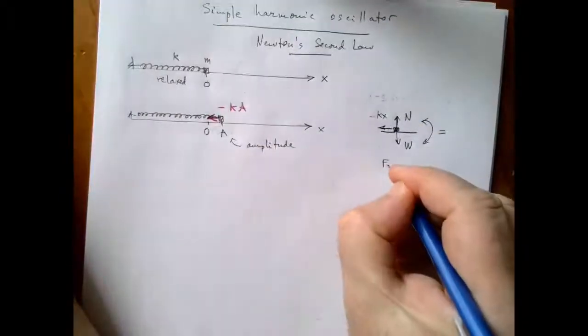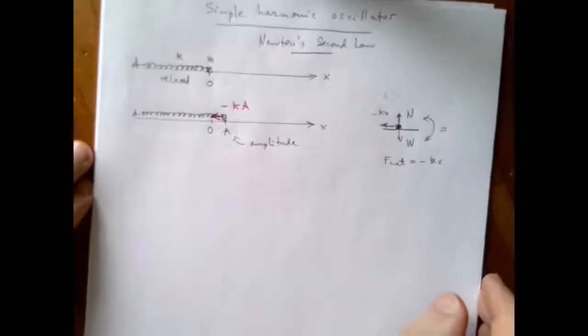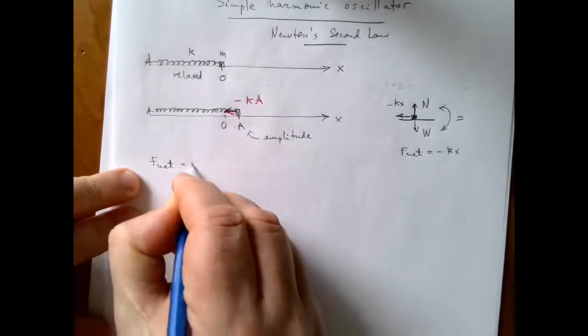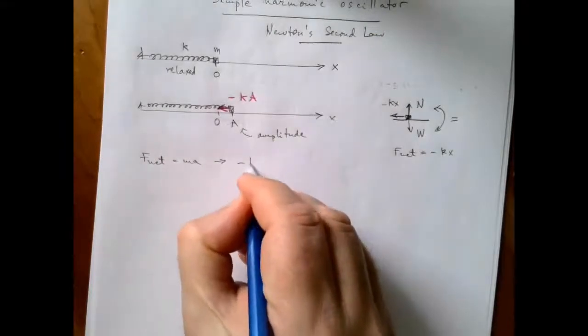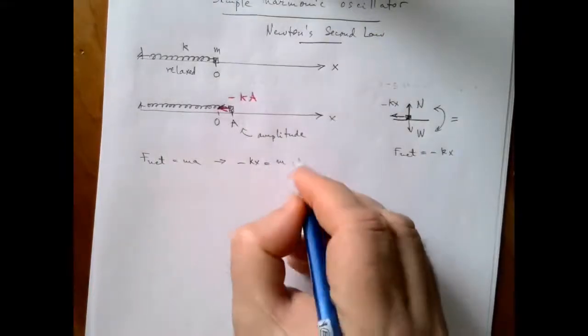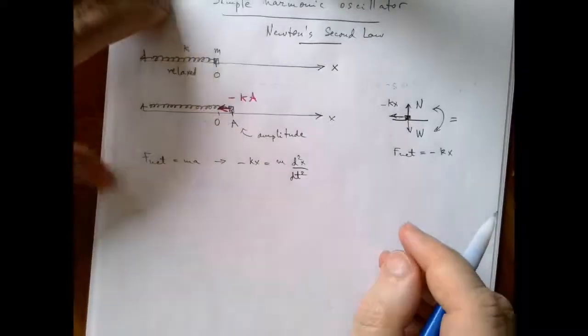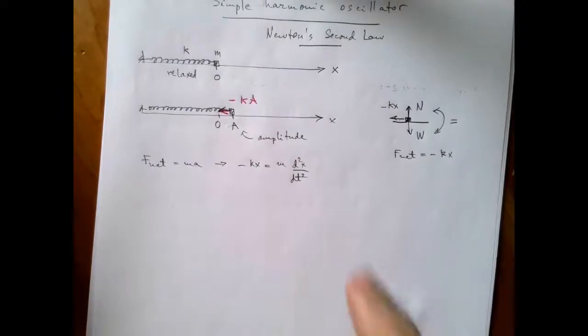So the only force left acting on the object is negative kx. If we write Newton's second law, this force is equal to mass times acceleration, or negative kx is equal to m times d2x/dt2, the acceleration being the second derivative of the position.